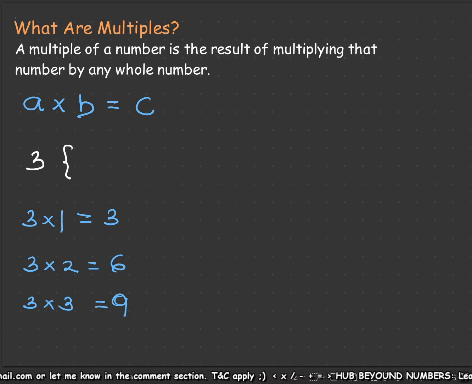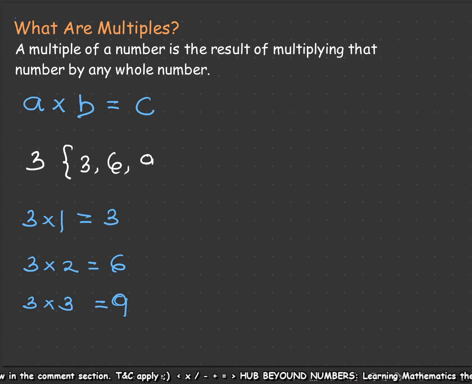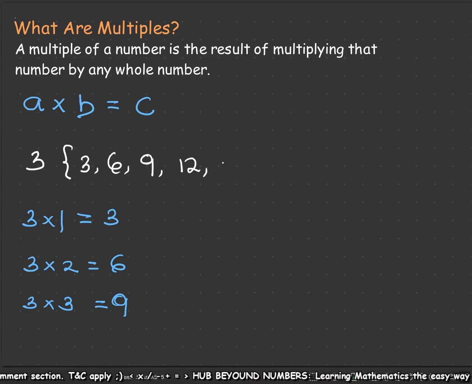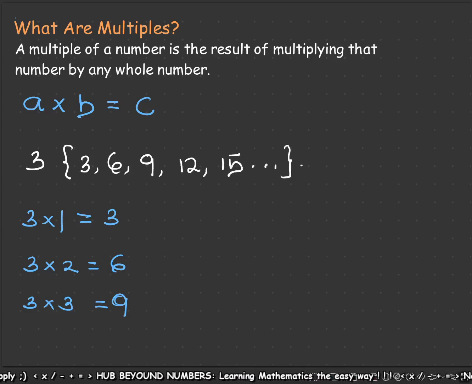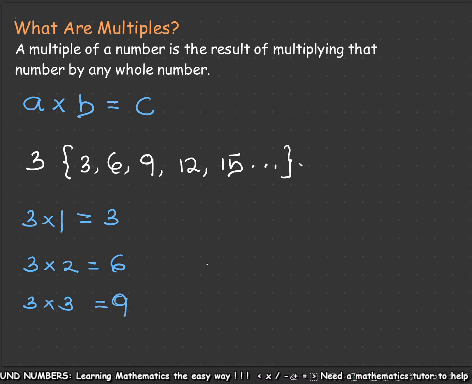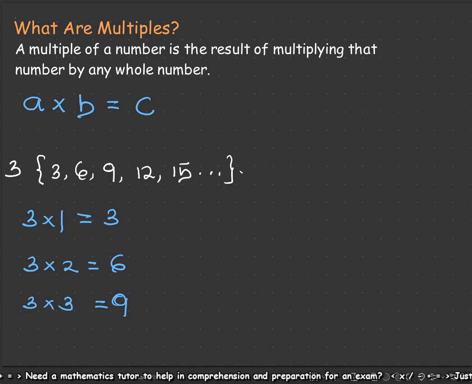So writing them out, we can have 3, then 6, 9, 12, 15, and it goes on and on. These are the multiples. You see that? The same time, if I say I want multiples of 5, so for multiples of 5, if we have our 5 here, let me just write that here.